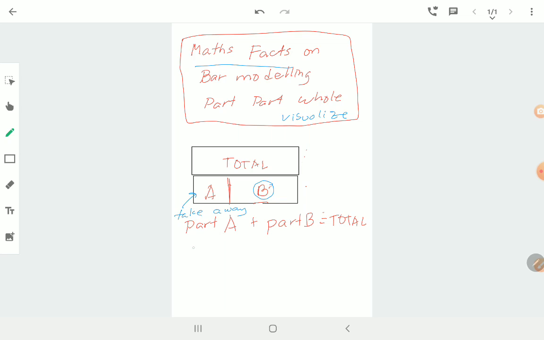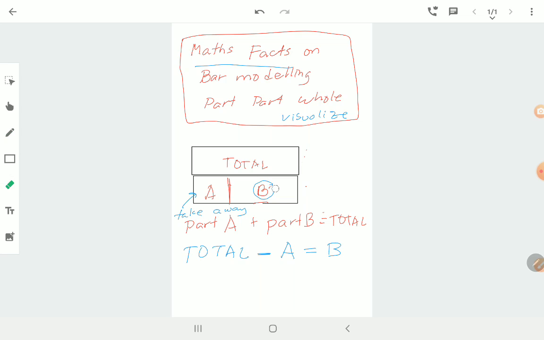So meaning it's the total, take away the part A will give you the part B. Again, A is the part, okay? It could be a small part or a big part. So it's just a part. It's not the number yet. All right?